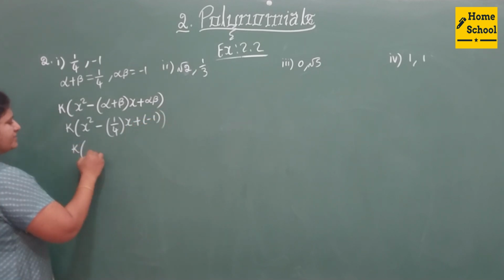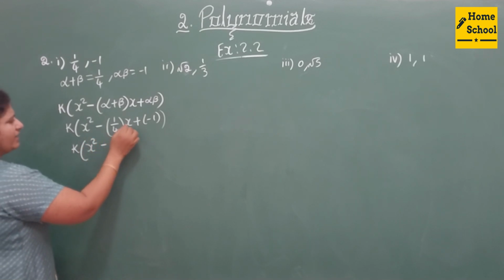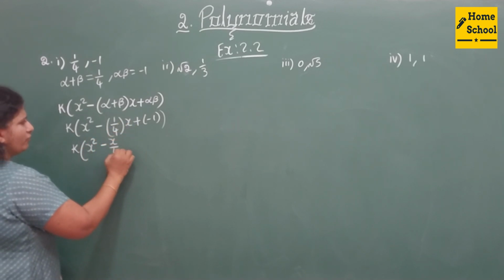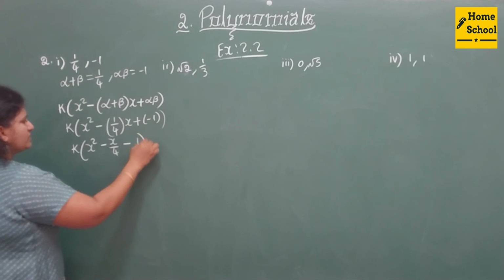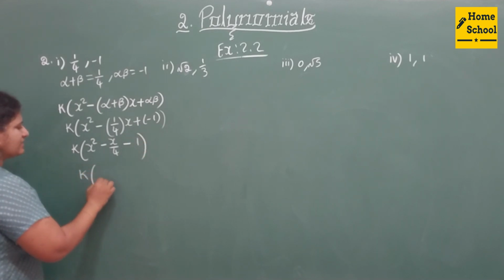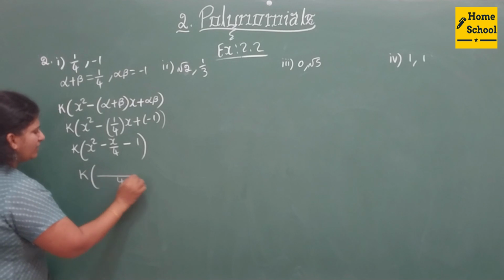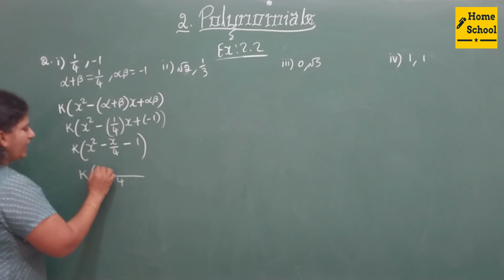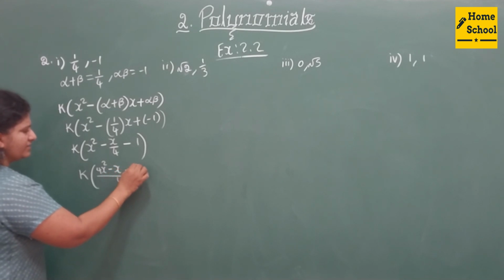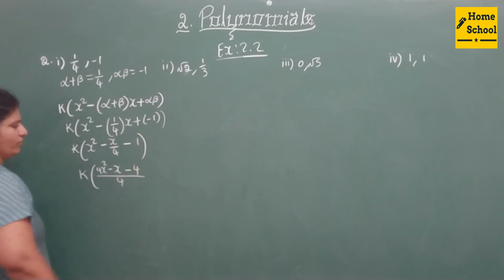Now remove brackets. X square minus 1 into x, x by 4 plus into minus, minus 1. And do LCM inside. That will be 4. 4x square minus x minus 4 ones are 4.